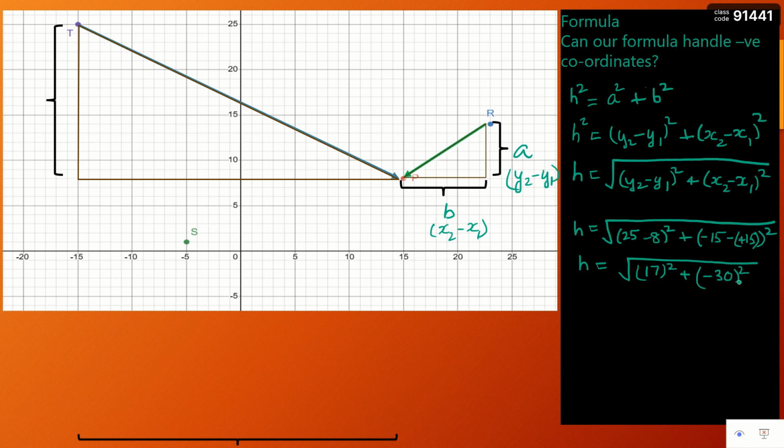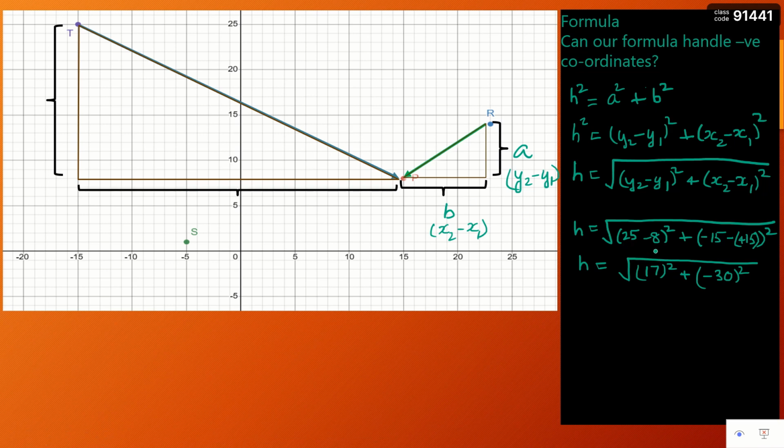Does that seem right? Minus 30. The gap between x2 and x1 is 30 units. Well, yes, because there's 15 units till the origin and a further 15 units beyond the origin. So the length of this side definitely is 30 units.